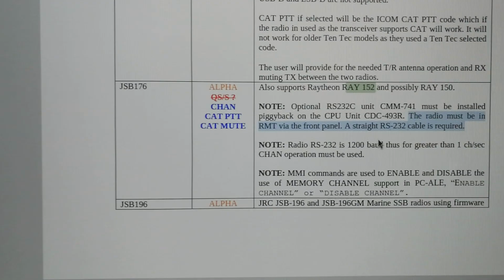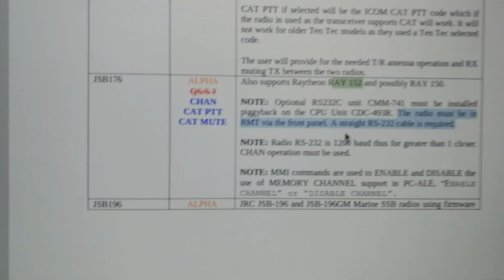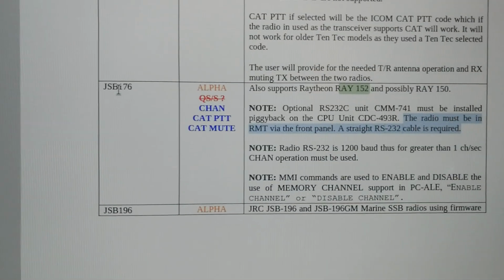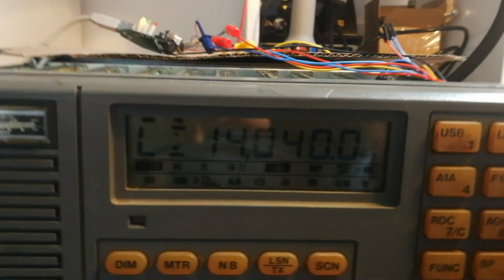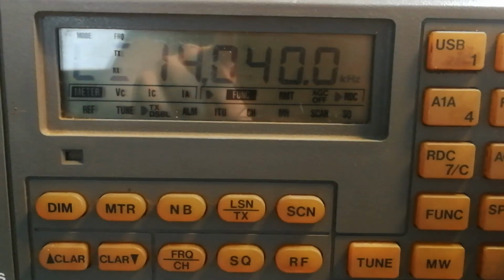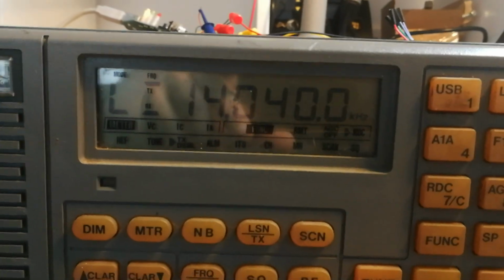Actually, none of that is true, at least for me. It may be true for the JSB 176, but for this particular array, it doesn't matter if the remote is on or off, because you can set this once you get the serial connection.